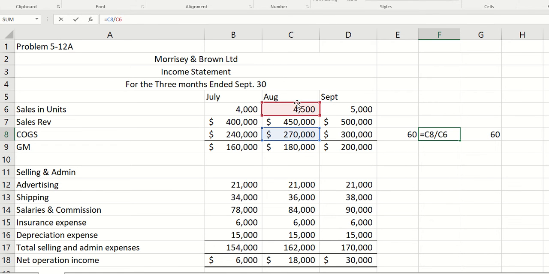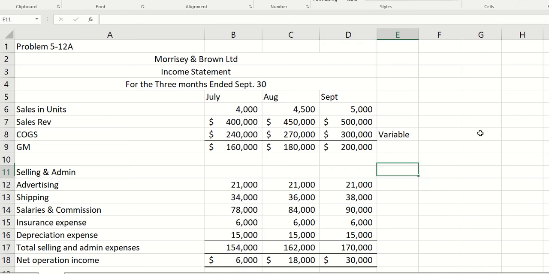What about if I make 4,500 units? 270,000 divided by the number of units, and for every single unit, it's costing me $60. I continue on, it costs me $300,000 to make 5,000 units, so it must be $60 per unit. So this looks like a true variable to me.